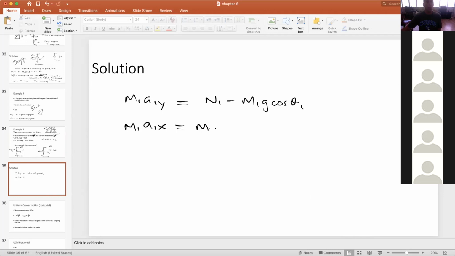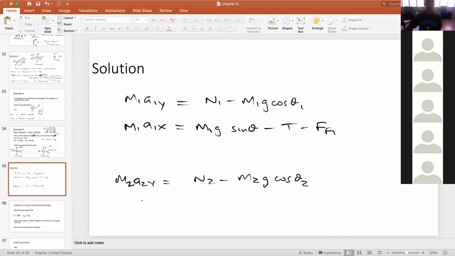So this would be m1g sine theta minus T minus force of friction 1. m2a2y is N2 minus m2g cos theta 2. m2a2x is T minus m2g sine theta 2 minus force of friction 2.